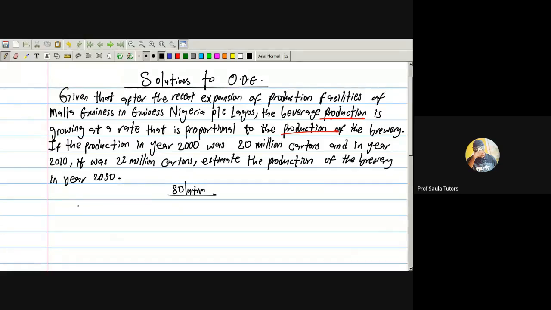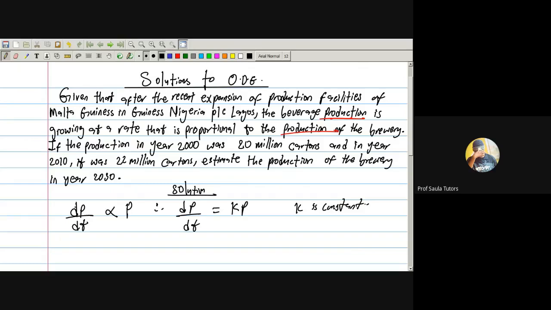So the rate of the production is dP/dt, and it is proportional to P. Whenever we change the proportionality sign to equal to, we always introduce a constant, so I have dP/dt equals kP, where k is a constant.